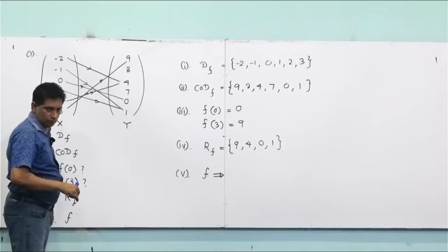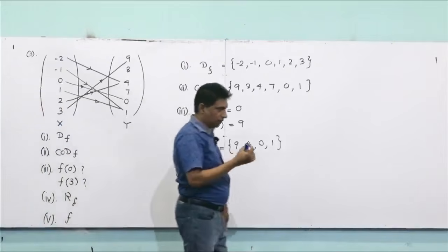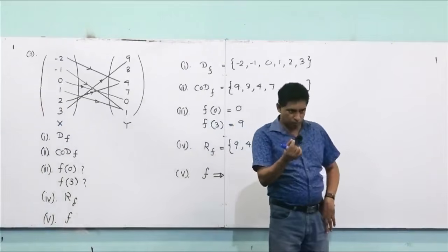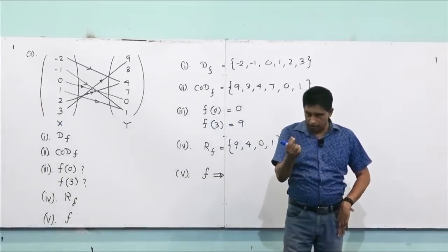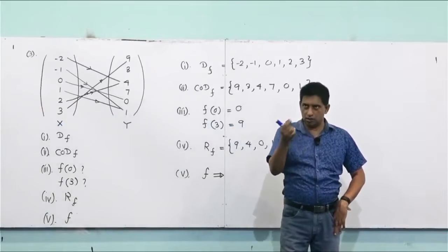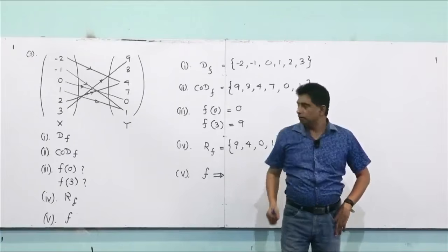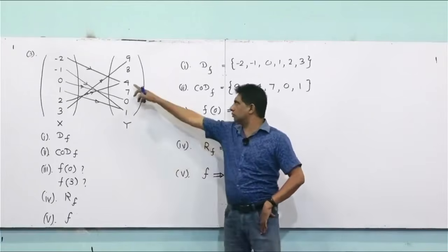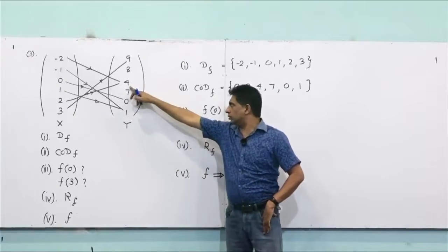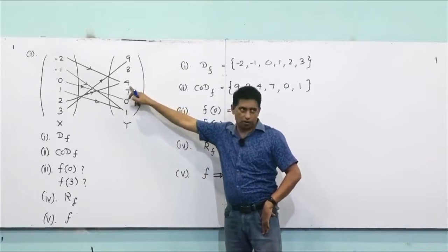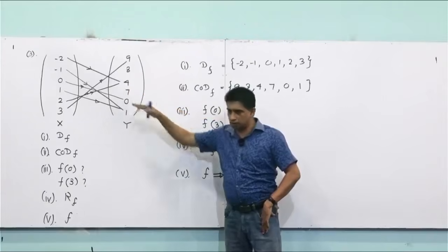If that power is even, that means power of 2, 4, 6, 8, then minus and positive all become positive, right? Okay. Then here -2 corresponds to positive 4, no? Then what is the mathematical operation here? Square, no?